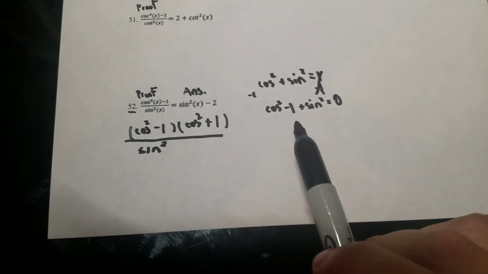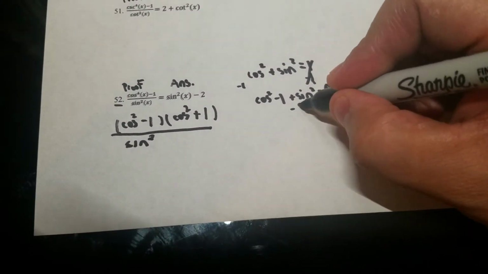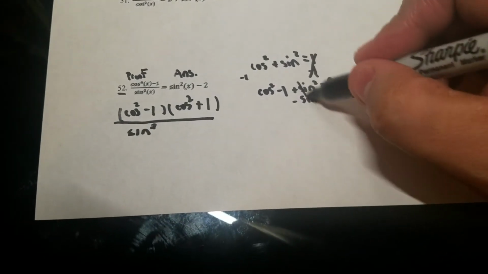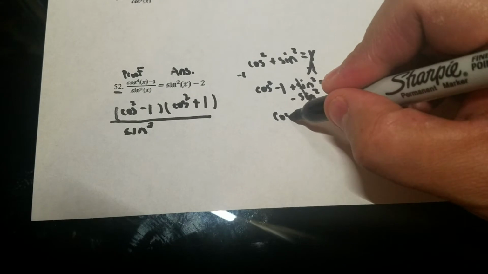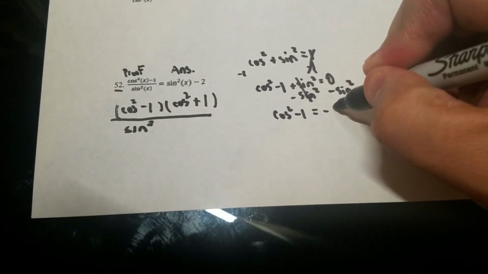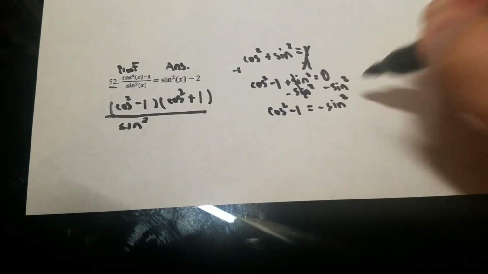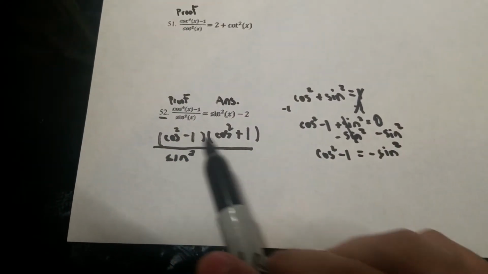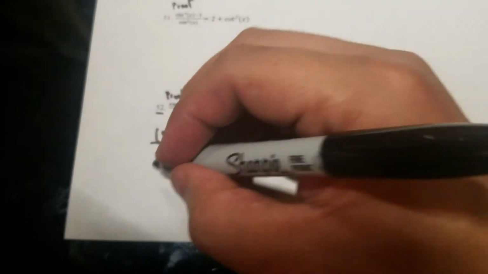So what I would need to do here is now subtract sine squared. So these cancel. Cosine squared -1 equals negative sine squared. Okay, so instead of writing cosine squared -1, I'm going to write negative sine squared.